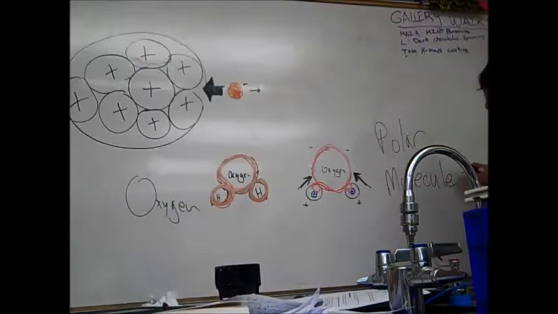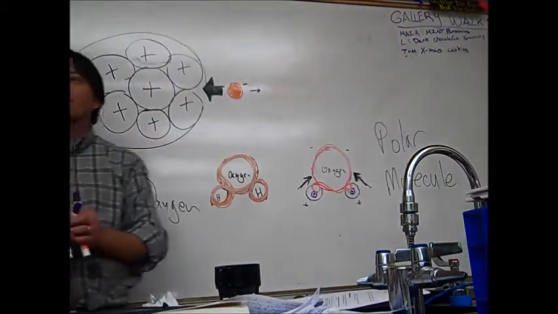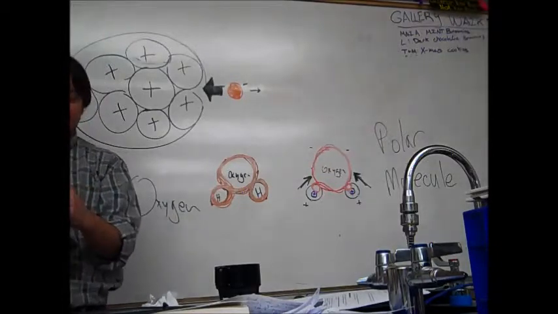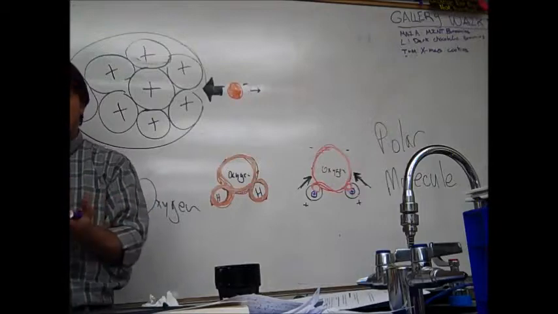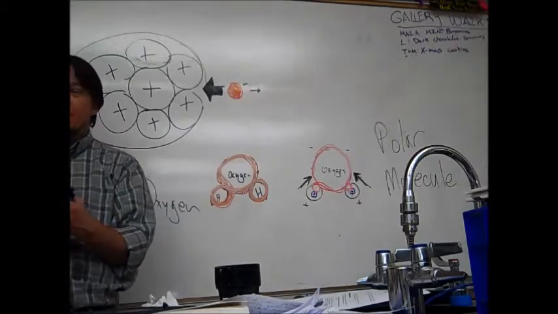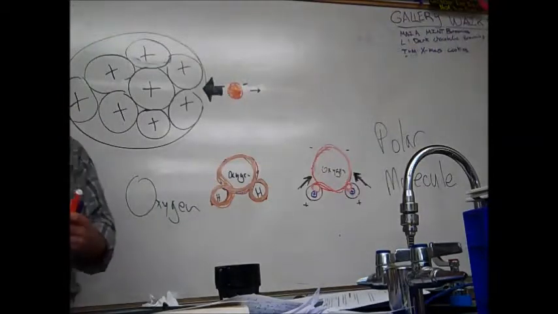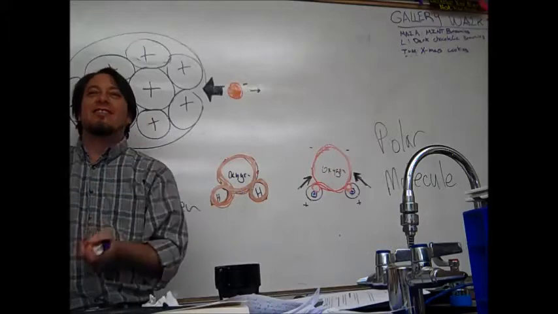Why would we call it polar? Question to you. Because it's cold. No. Because it's cool. I know you said cold, but anyway, no. Why would we call it polar? Because it's from the South Pole. Why do we call the North and South Pole poles? Because they have poles. Ends? No. Because they're ends. They're opposites.